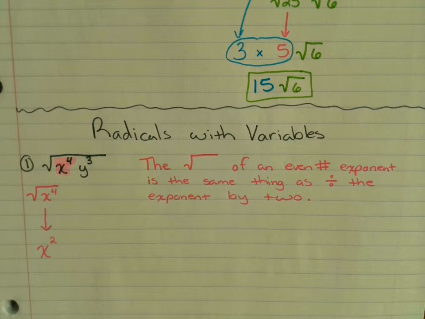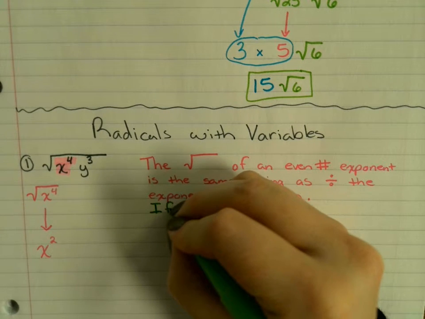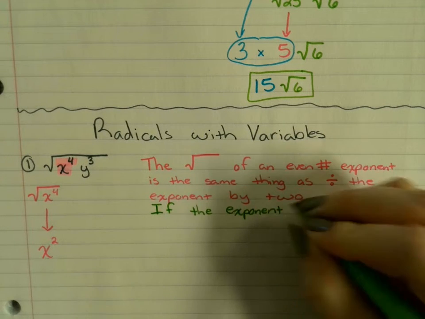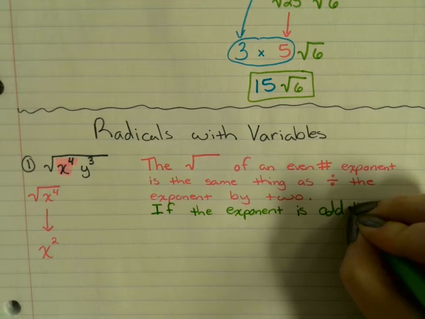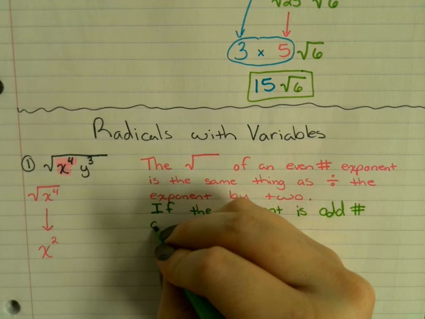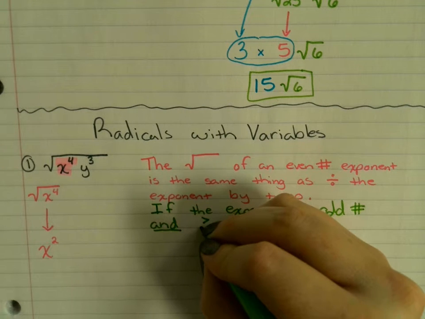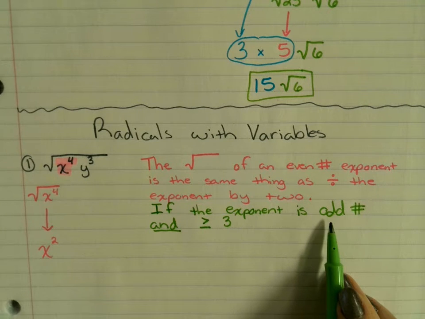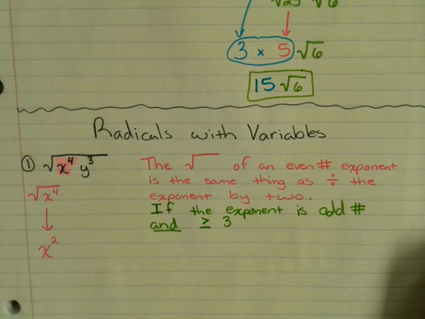Now, if you have an odd number exponent, and here's an important thing, it's greater than or equal to 3. If the exponent is odd and it's greater than or equal to 3, so obviously a 1 is not going to work in this situation.